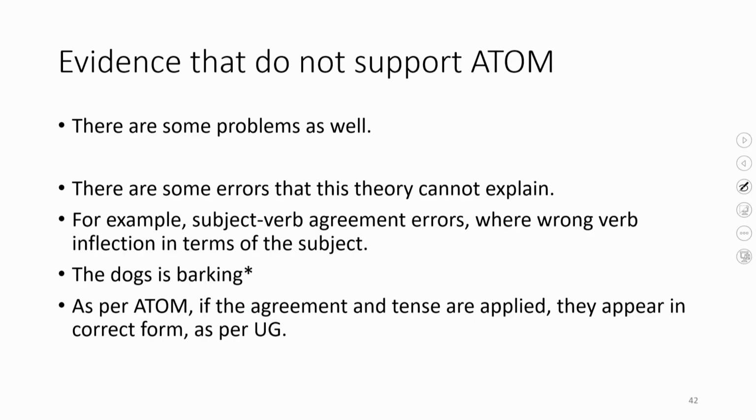However, there is some evidence that does not support it as well. There are some errors that this theory cannot explain. For example, subject verb agreement errors, where there is wrong verb inflection in terms of the subject. So, they are using the inflection, it is not like they are not using it. The theory talks about either using or not using, but it does not talk about the wrong use of the inflection.